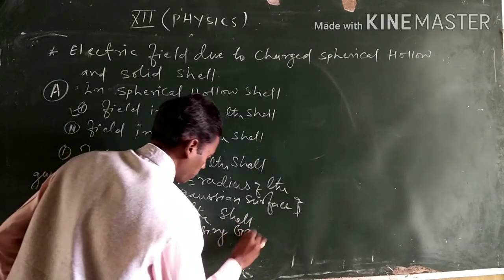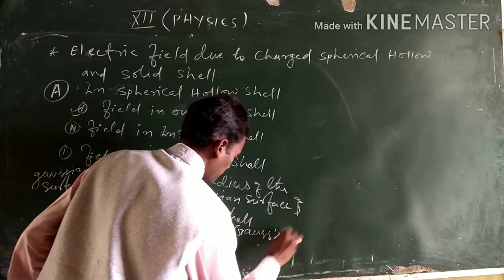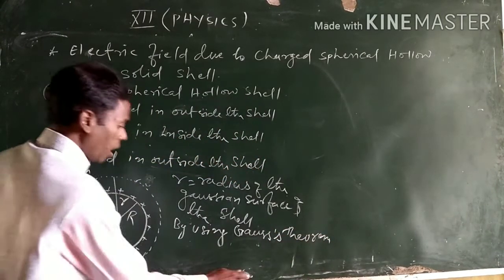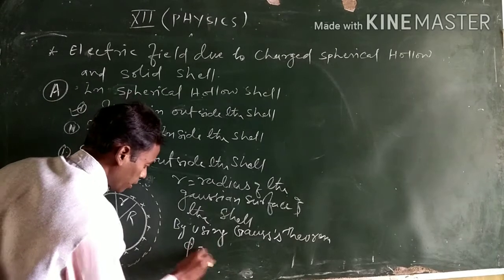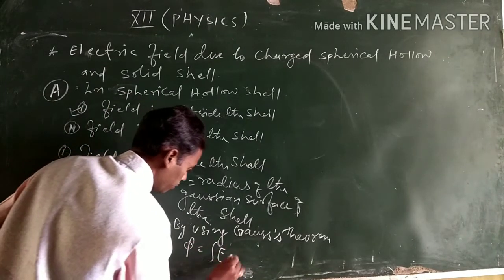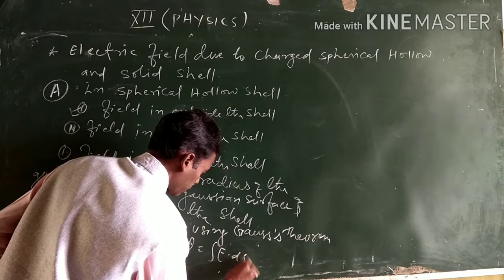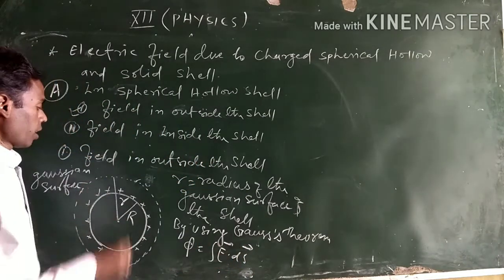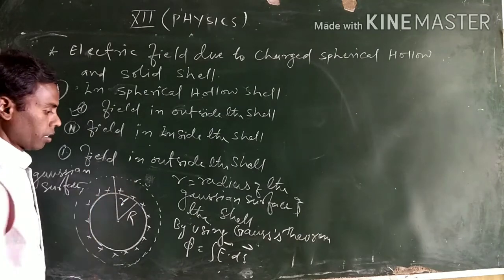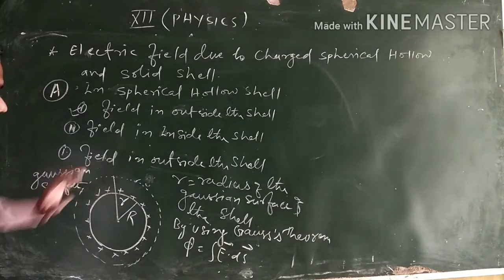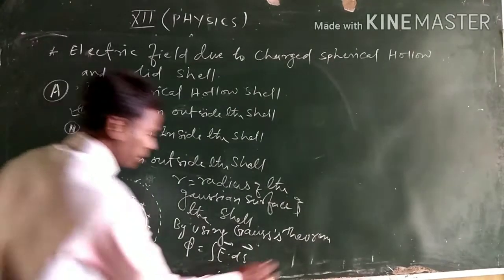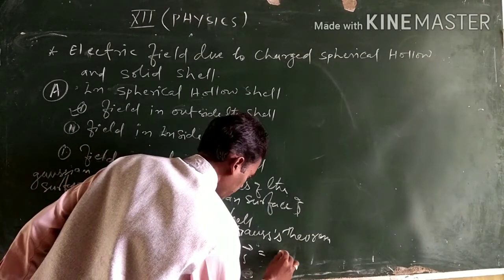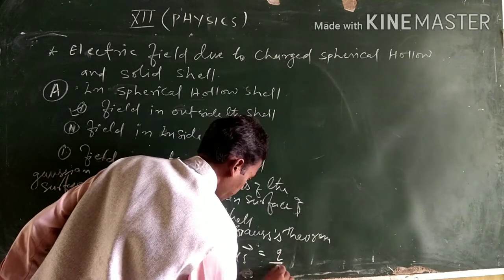By using Gauss's theorem, our phi is equal to the integration of E dot ds. E is the electric field, ds we have to take as a small element of this surface, right, equal to our net charge, okay, q divided by epsilon naught.